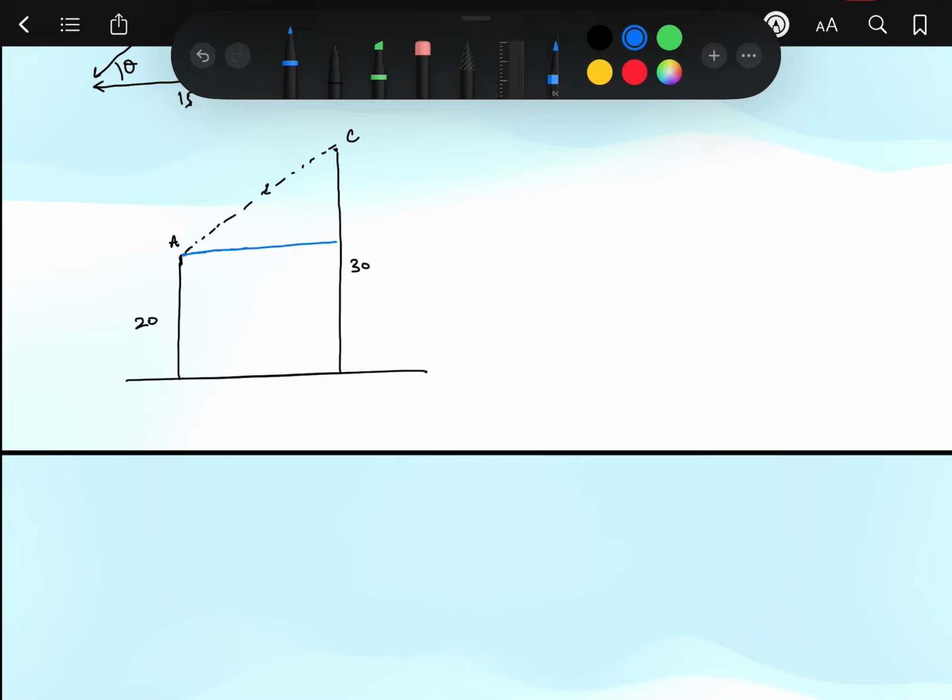Let us suppose this is D, and this angle is 30 degree. This side will be 30 minus 20, that is equal to 10 only.